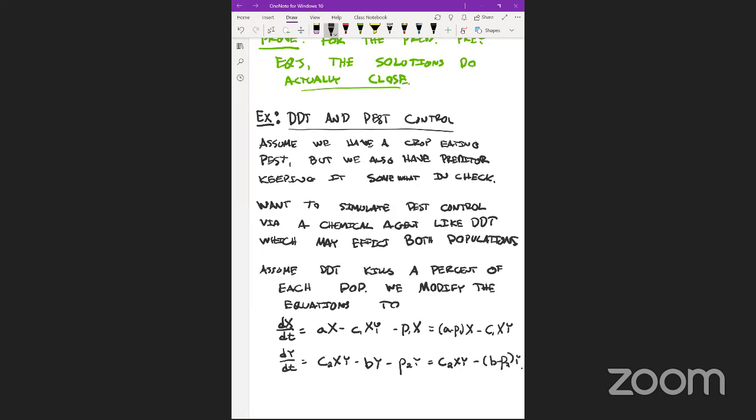Mathematically, stability and so on, all we've done is change a parameter by shifting it. These are independent parameters, so literally nothing has changed.